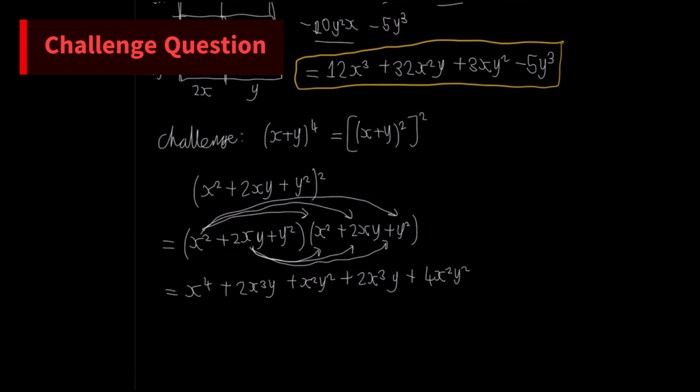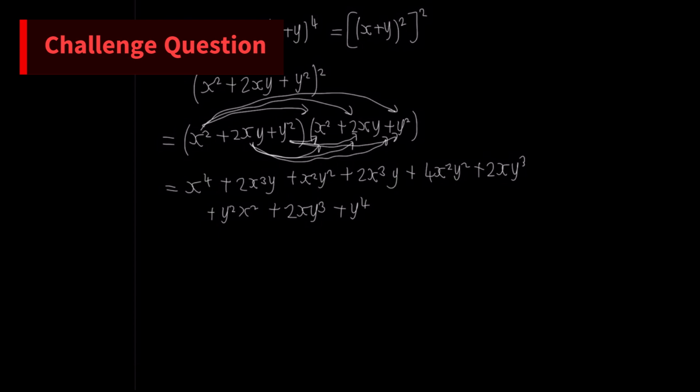Then we have y squared times 2xy, which is plus 2xy cubed. Last term, we have y squared times x squared. Then we have y squared times 2xy, which is plus 2xy cubed. And then lastly, we have plus y to the power of 4.